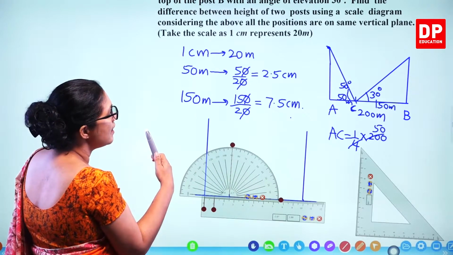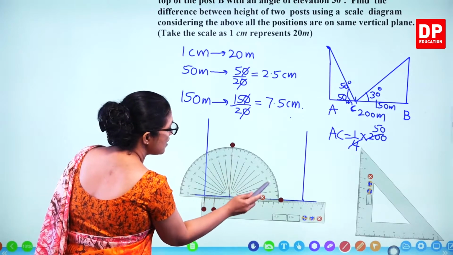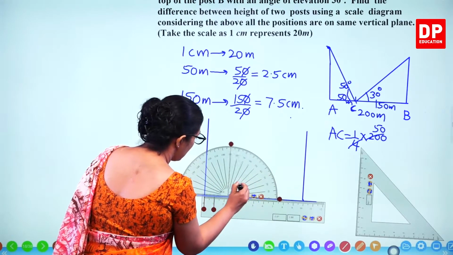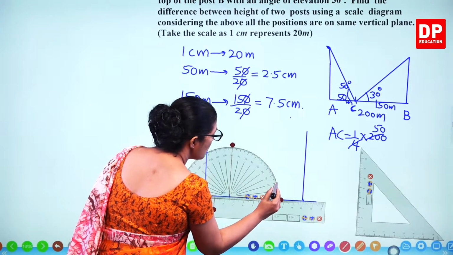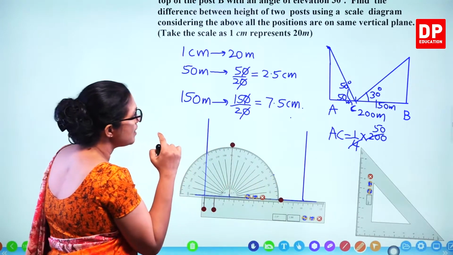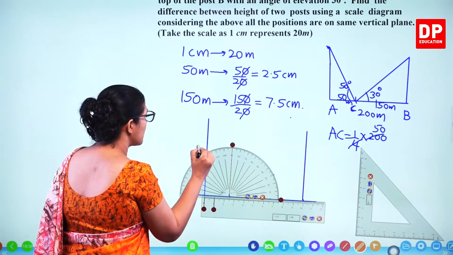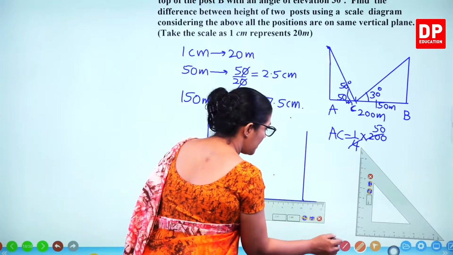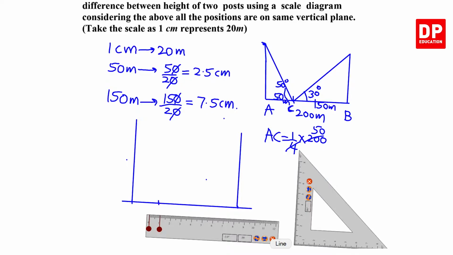So to this side 50 and to this side 30. 30 from this way, 10, 20, 30. You can mark that point, and from this way, that's 50. 10, 20, 30, 40, 50. Now we have all these, and now you can connect. Take the ruler and you can connect this value with this one, and this point and this point.